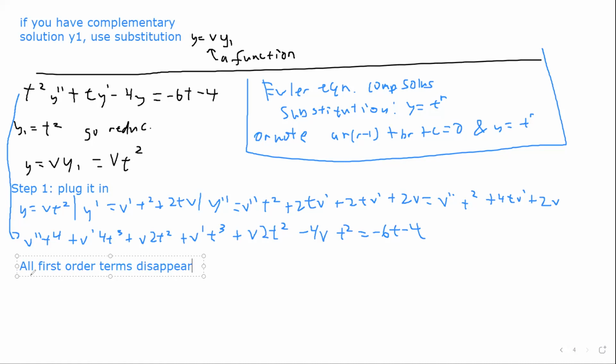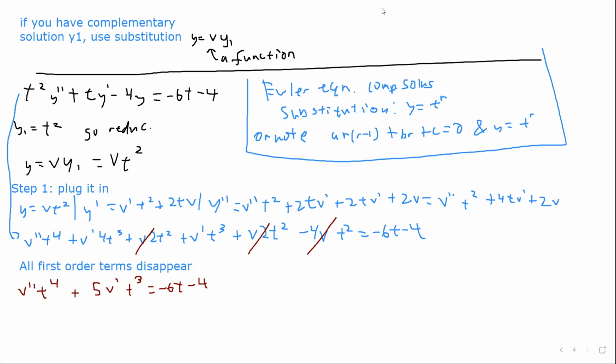And we are left with the equation, because v t squared plus v 2t squared, let me do it another color, v 2t squared plus v 2t squared minus 4v t squared is 0. So we are simply left with the equation v double prime t to the fourth plus 5 v prime t cubed equals negative 6t minus 4. Exciting? Excited? Hurrah? I don't know.